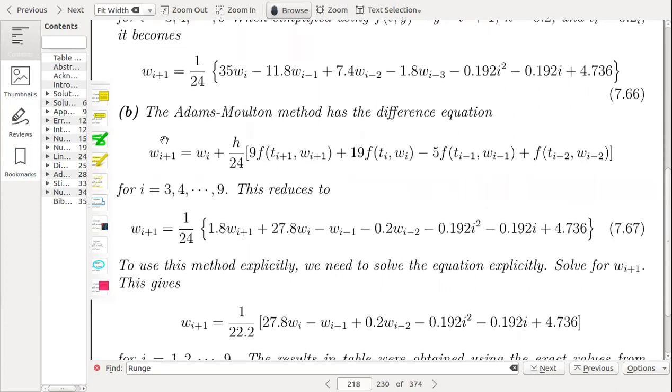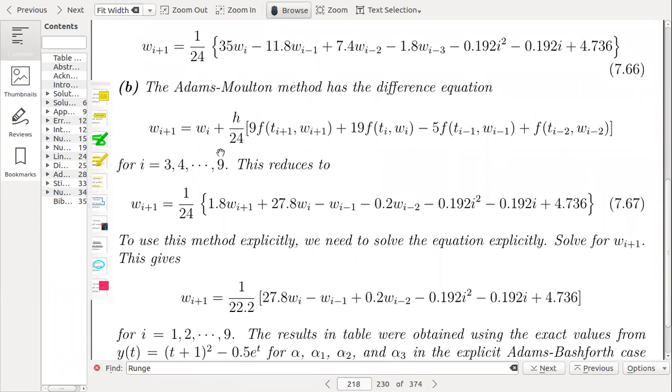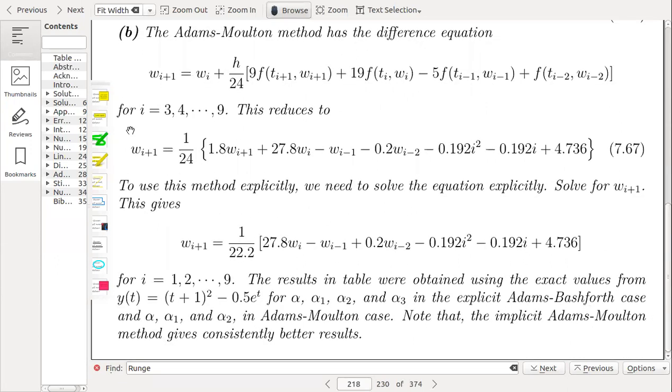And then we use this Adams-Moulton method as the difference equation. So Wi plus 1 is equal to Wi plus h by 24, 9 f(ti plus 1, Wi plus 1) plus 19 f(ti, Wi) minus 5 f(ti minus 1, Wi minus 1) plus f(ti minus 2, Wi minus 2), for i is equal to 3, 4, so on 9.